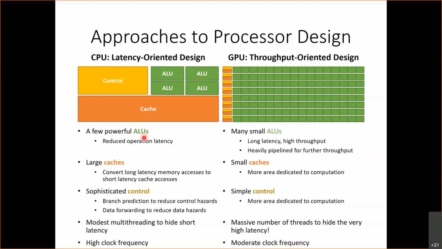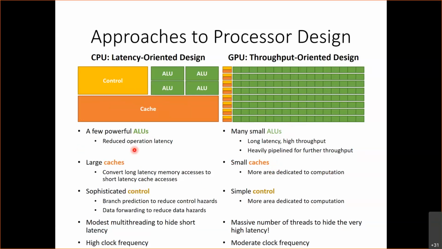In CPUs, we have a few very powerful ALUs that can finish a single operation very quickly, whereas in GPUs, we have many small ALUs that each take longer, but we have more of them, so we can do more at the same time. Same thing with caches. We have large caches on CPUs to minimize the memory access latency, whereas on GPUs, we have smaller caches in order for us to be able to dedicate more area to other things like computation.